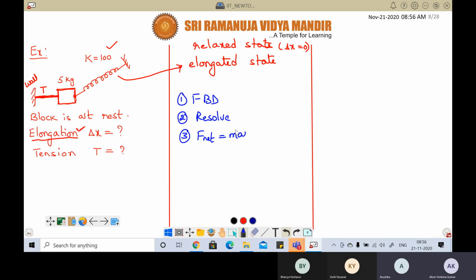Sir, can you tell once more what is the T? T means tension in the string, the rope. Tension will be there only for strings, no? Yes, sir.